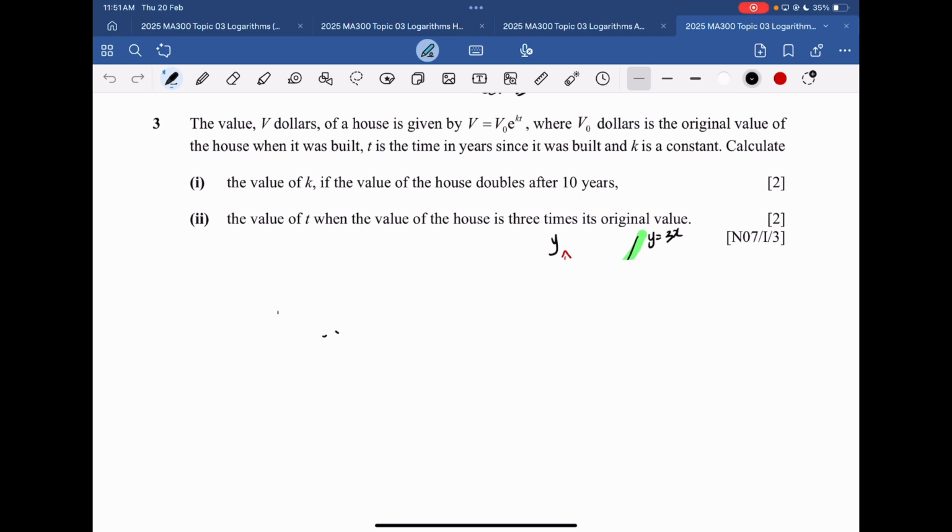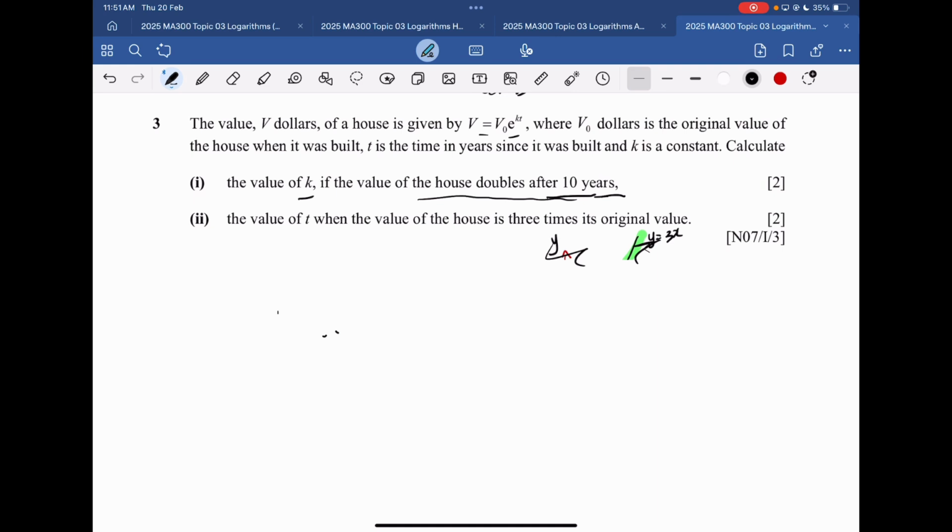If you are with me now and you are doing question 3, the value is given by V equals V naught e power kt. Calculate k if the value of the house doubles after 10 years. Is anyone doing this question right now? What does it mean by k? If the value of the house doubles after 10 years, what does this mean to you?